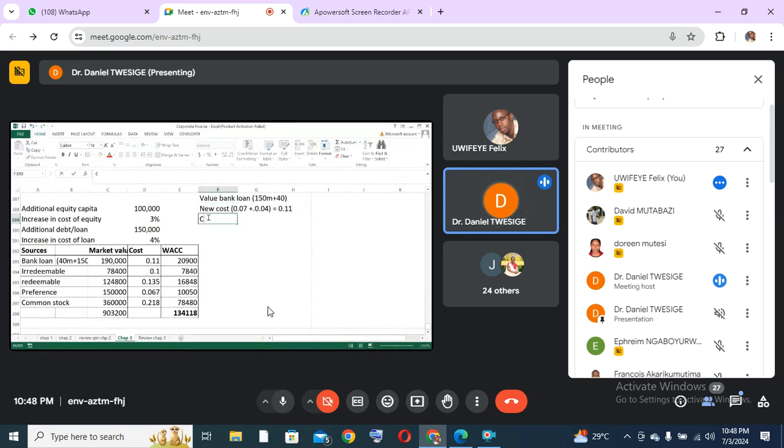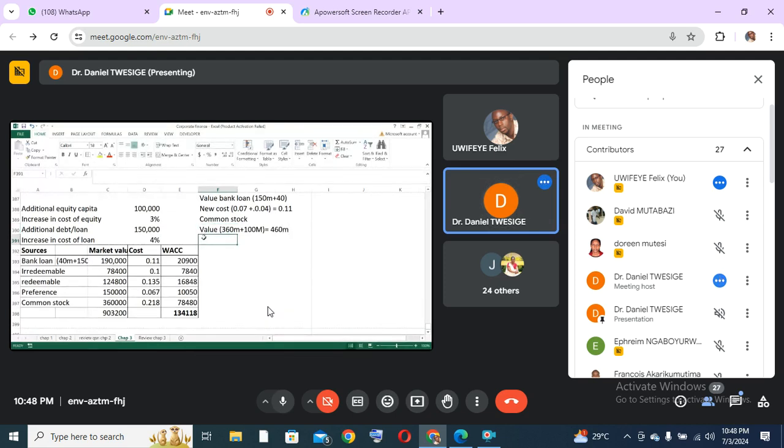Then our equity, our common stock, value will be 360M plus 100M, which is 460.